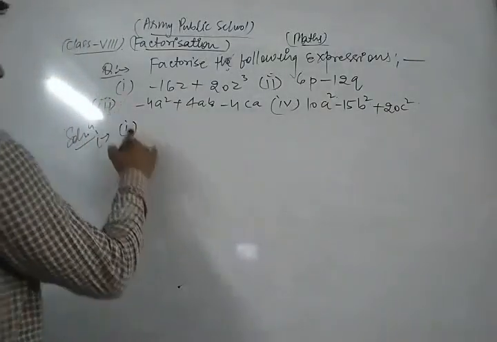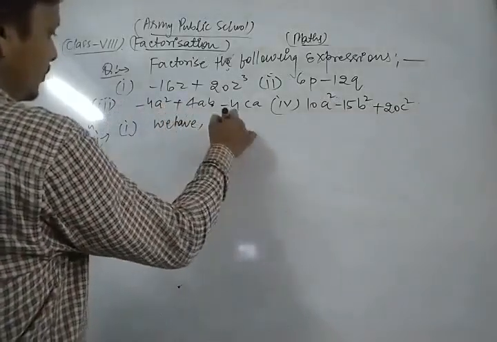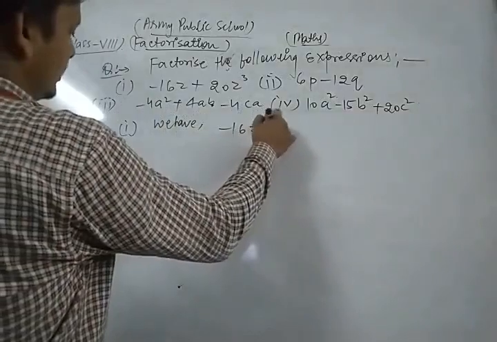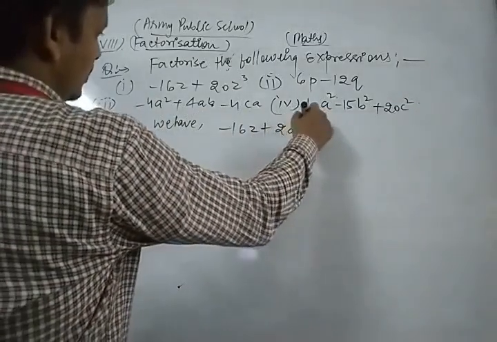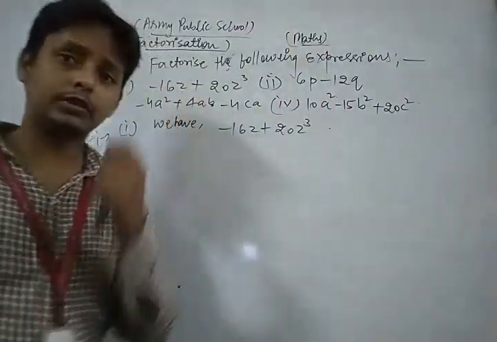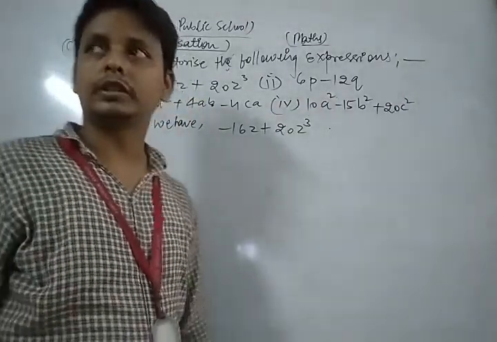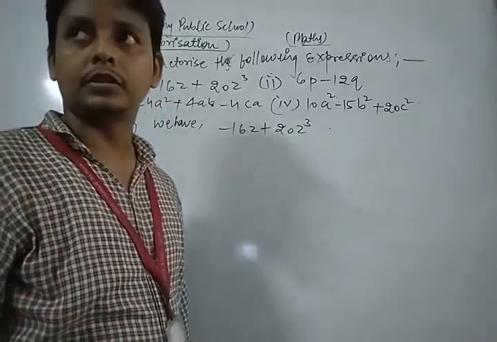First of all, we take the first part of this question, and we have minus 16z plus 20z cube. So first of all, dear friends, we do the prime factorization of each term of the given expressions.